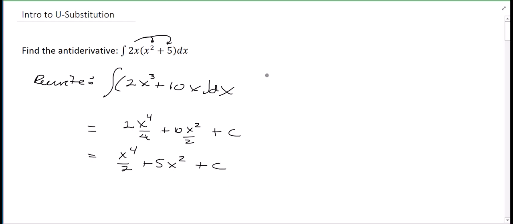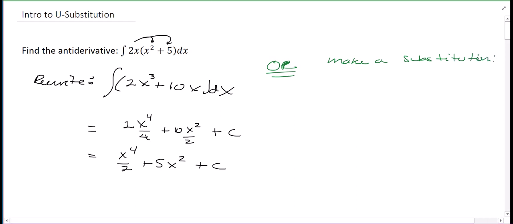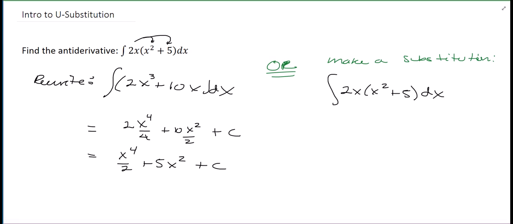But the other thing that we could do is make a U-substitution. So we're going to use the substitution rule. Making a U-substitution, I'm going to let something be a different function, so we're going to change the variable. I'm going to let u equal x squared plus 5.